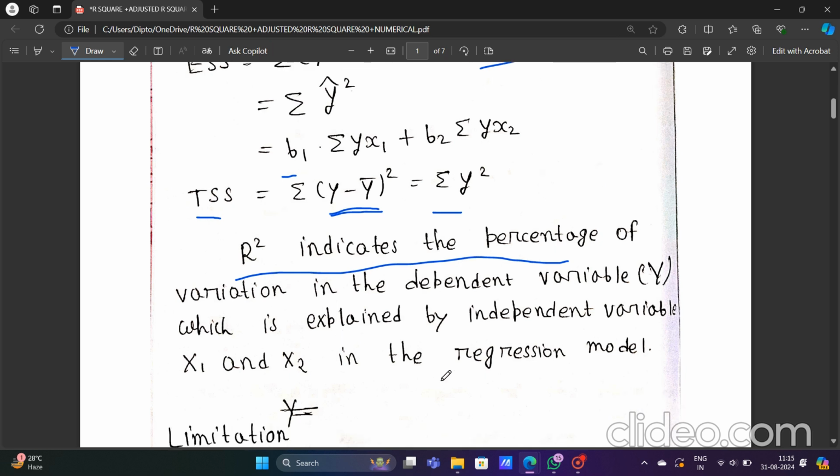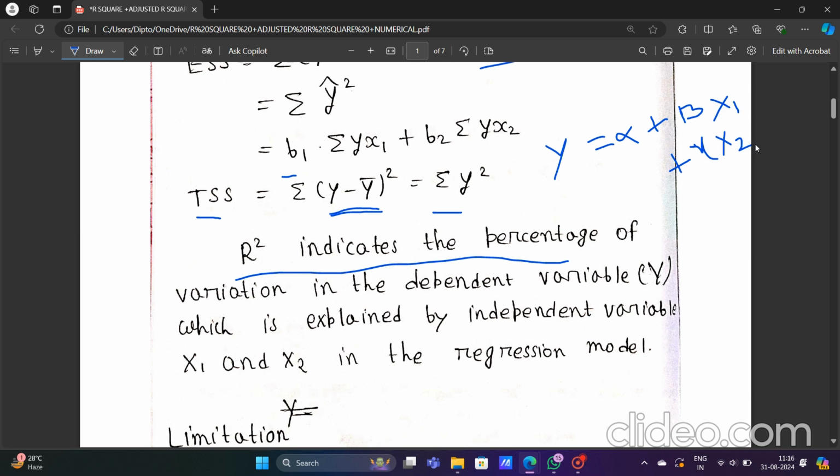If there are two independent variables x1 and x2 in the model, and our model is, suppose, y equals alpha plus beta x1 plus gamma x2, here if I calculate the R square, then that R square is going to tell me how much variation of the dependent variable y is explained by the independent variables x1 and x2.